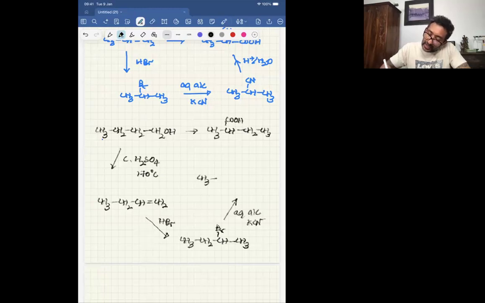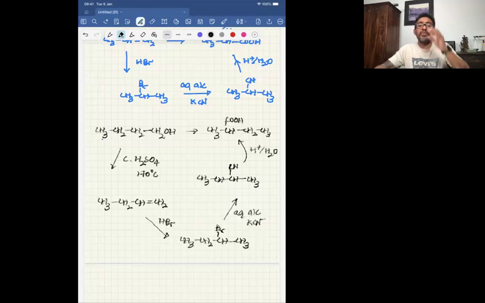CH3, CH, and then now CH, CN, CH3. Now once you come up to that point, you can add H plus H2O. It's in the second position, right? H plus H2O. So if you consider this to be 1 and 2, in this one here 1 and 2. You don't have to do anything else to this one, right? And very good. Right, very good.